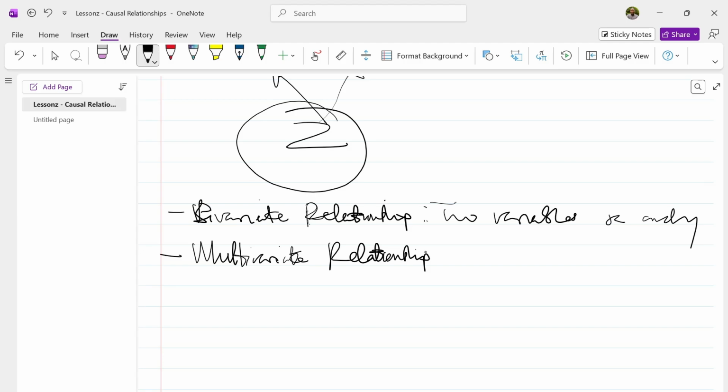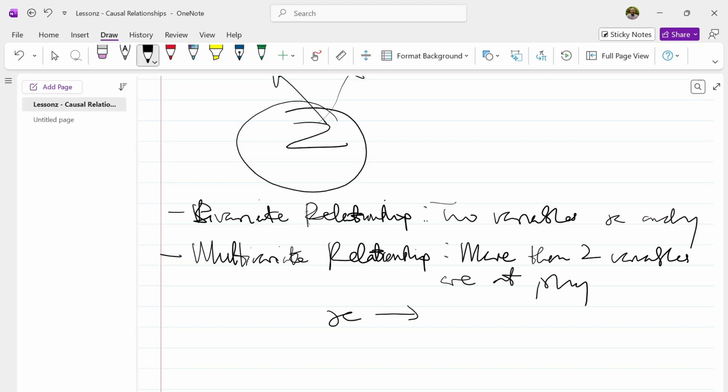Every social phenomenon is likely caused by more than one thing. So a multivariate relationship means more than two variables at play.